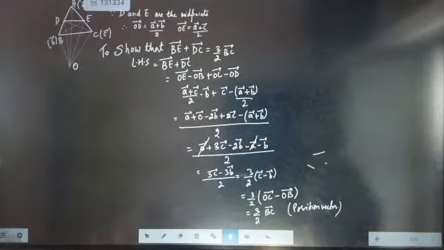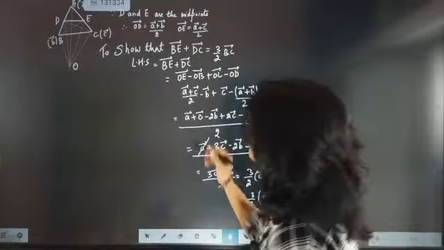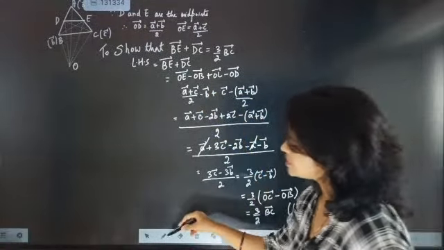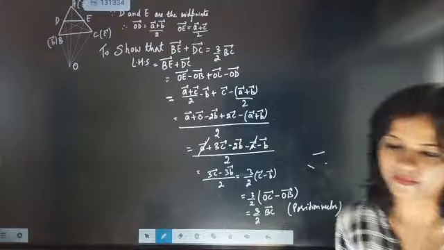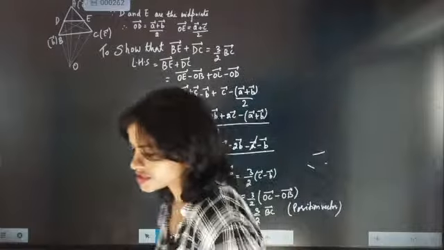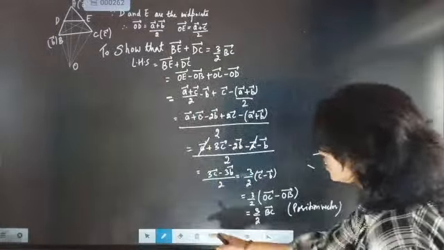Here I have done nothing special, just one small step. I used BE plus DC and wrote OE minus OB, OC minus OD, and then just wrote the points. So 3 by 2 BC vector is the correct answer, beta. This is what we had to prove.